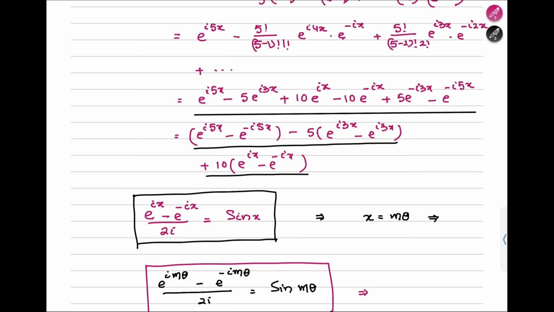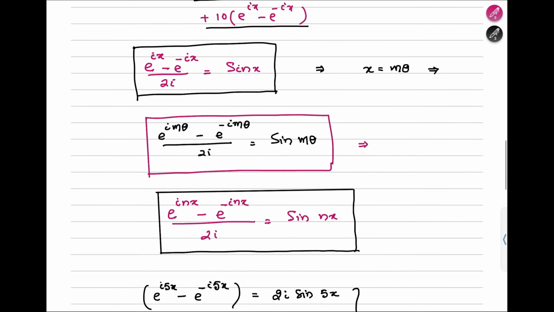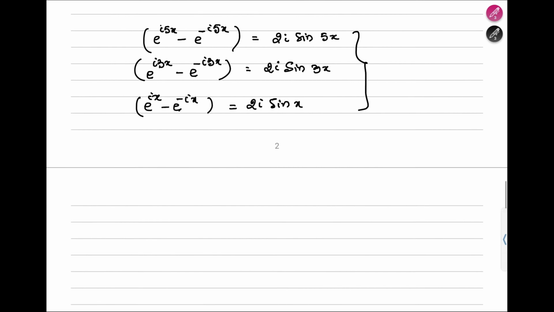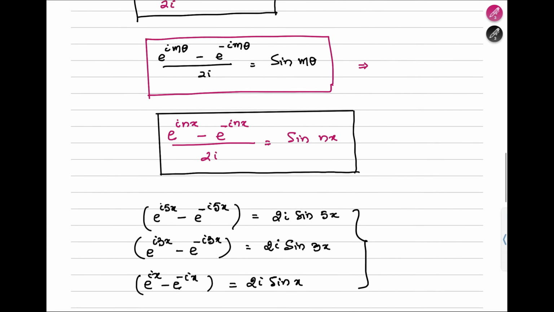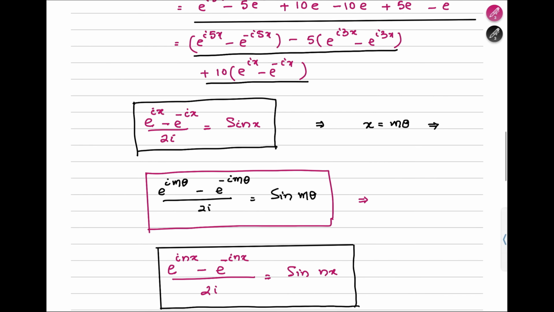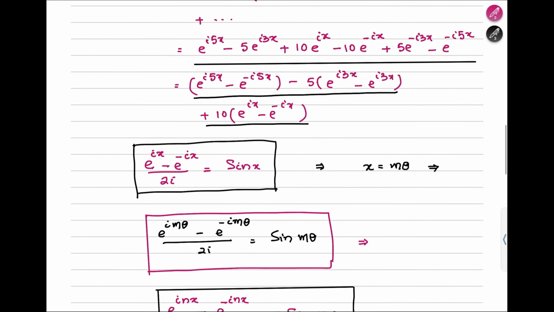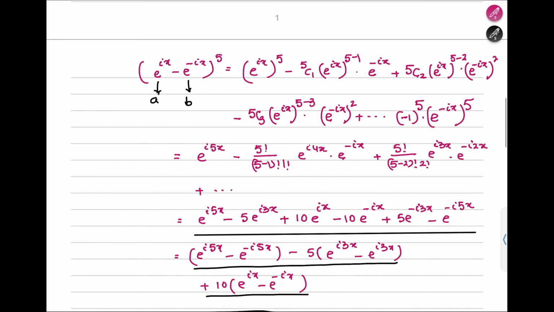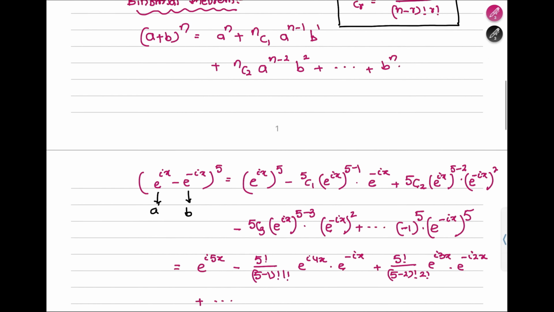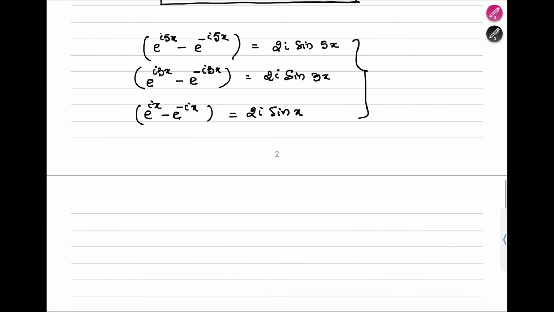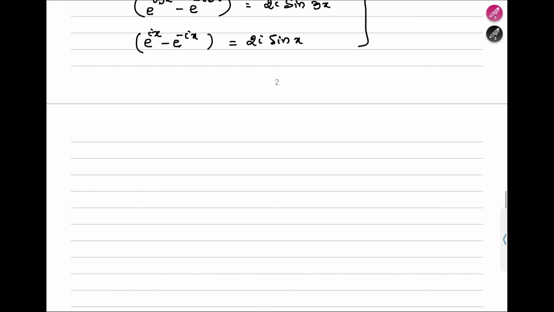Now we have got the value of, therefore, please pay attention to each and every step.